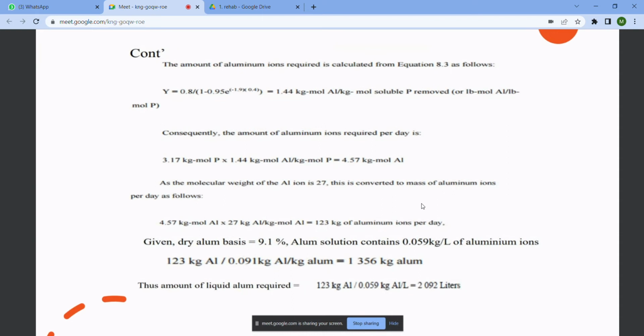So for this reason, we need to calculate how much is required in volume. So in this case, 123 kg aluminium divided by 0.059 kg per liter, which is also given information. So in short, about 2092 liters of alum solution is required.